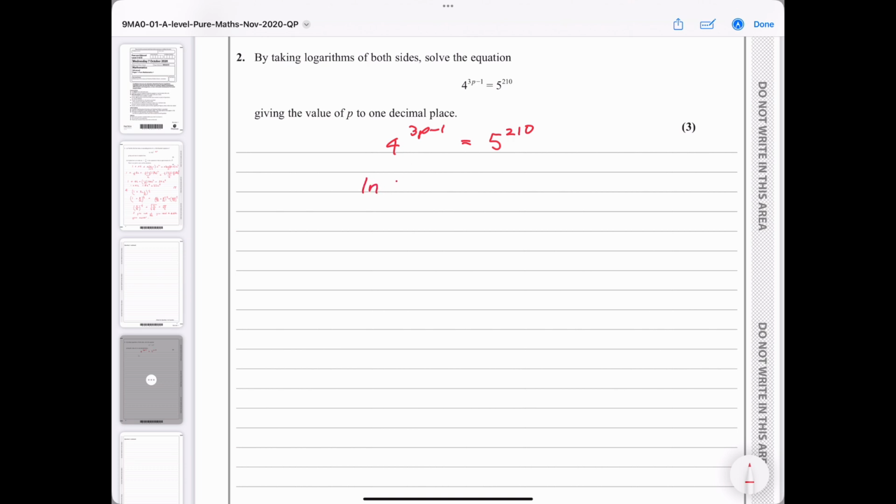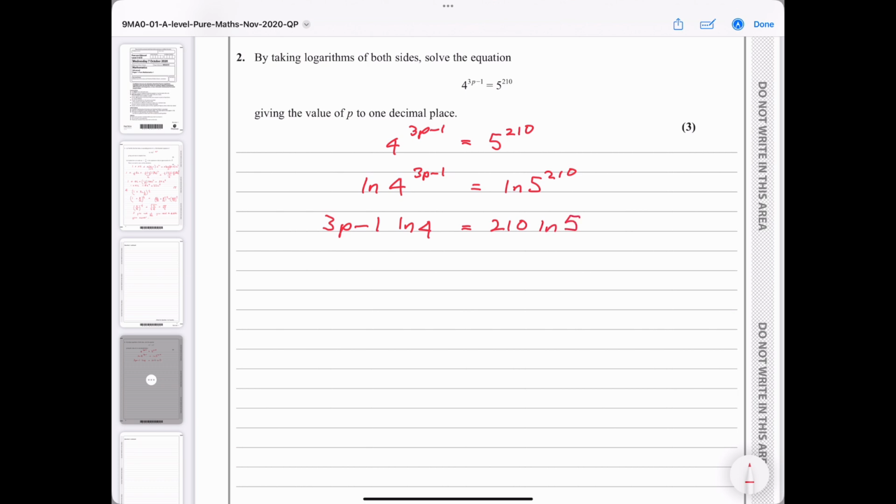So ln 4 to the 3p minus 1 equals ln 5 to the 210. Now we can bring those out in front. So (3p minus 1) ln 4 equals 210 ln 5.